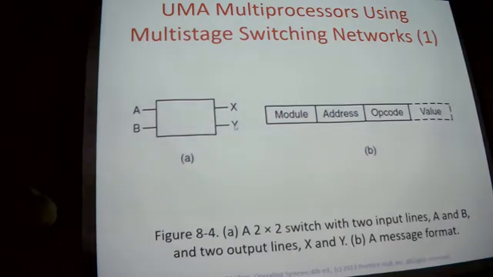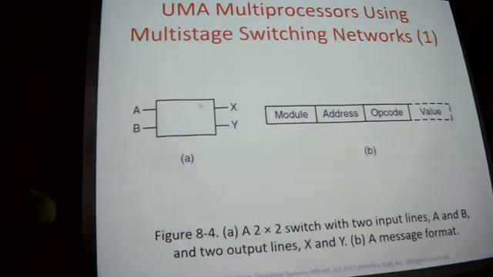X and Y are output lines, and according to the signal from line A, we select output X or output Y. This switch will get a signal, and according to this signal, this switch determines the output line.